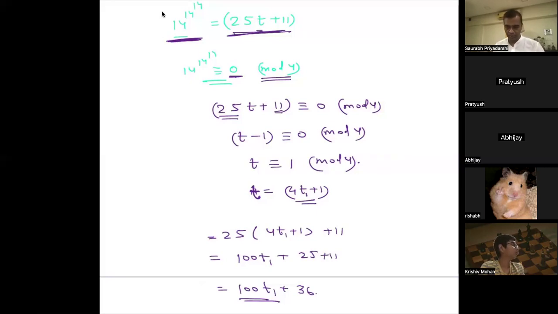If this number is in the form of 25t plus 1 and is divisible by 4, it must give the congruence 0 mod 4.